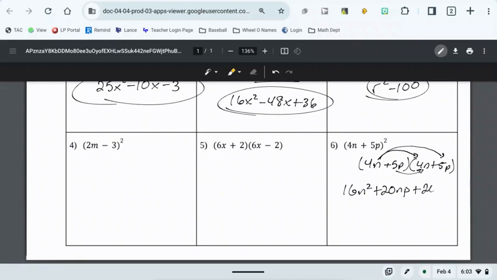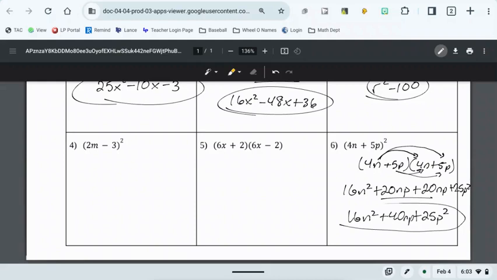So we are going to get 20np. And then we get 5p times 5p is 25p squared. Now we combine our like terms. 16n squared plus 40p plus 25p squared. Oops, this should be np.